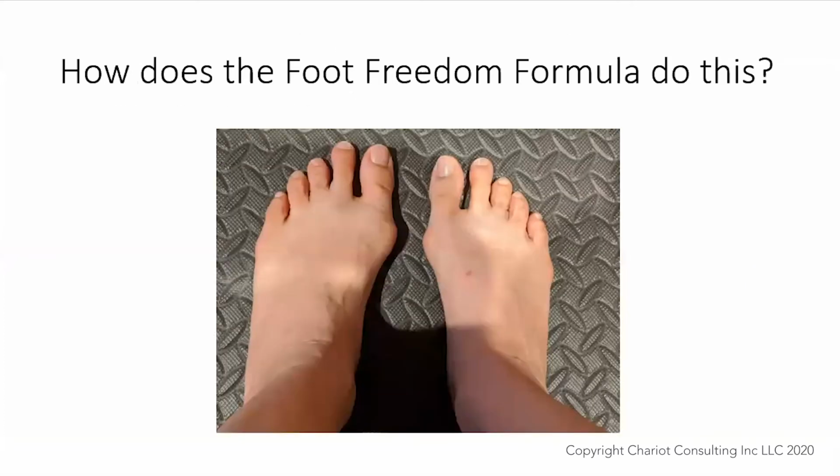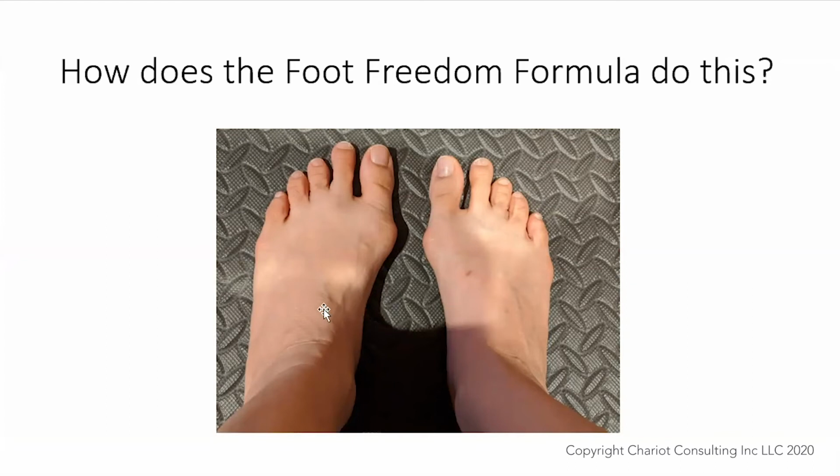So specifically, using the foot freedom formula, we're going to address these small little bones. Again, they're kind of at the height of the arch of the foot. A telltale sign of an issue is if you have an abnormally high arch or an abnormally flattened foot. These structures are difficult to address because they're so tiny.